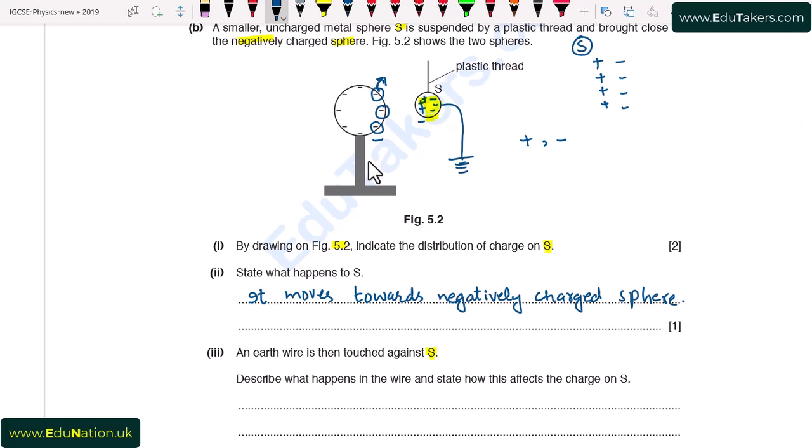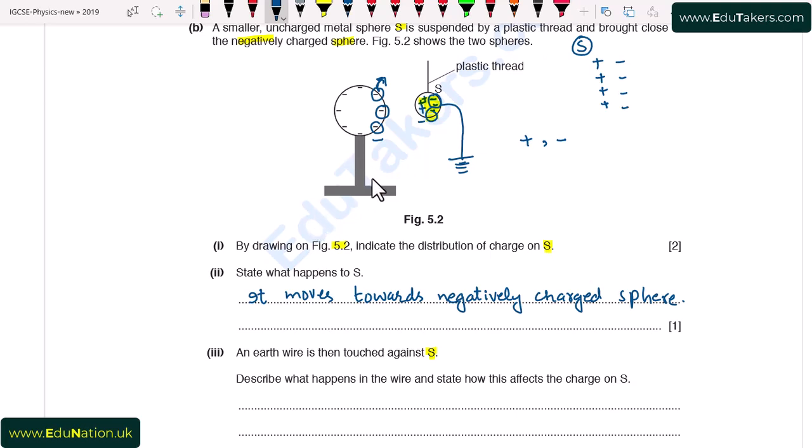So what will happen to the charges on sphere S? The negative charges that appear on the right hand side will move toward the ground while the positive charges remain on the sphere S. So when we earth the sphere S, there will be no negative charge on the sphere. The sphere is positively charged, because we can understand it in such a way that the sphere lost electrons, due to which all of the positive charge appears on the sphere.